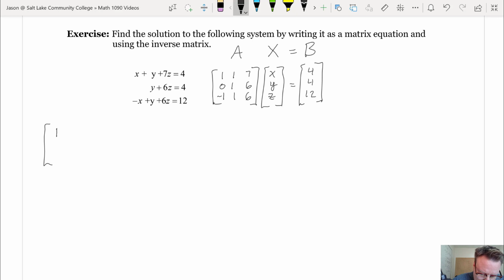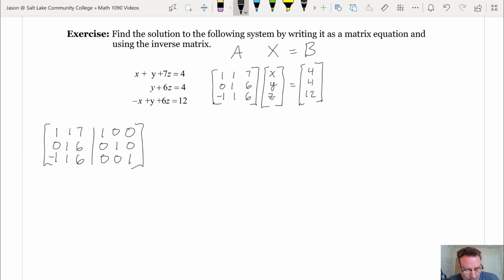We're going to take this coefficient matrix, 1, 1, 7, and augment with a 3 by 3 identity matrix. Whoops, that should be a 7. Okay, so the second row is 0, 1, 6, 0, 1, 0. Third row is going to be negative 1, 1, 6, and the third row over here is 0, 0, 1.